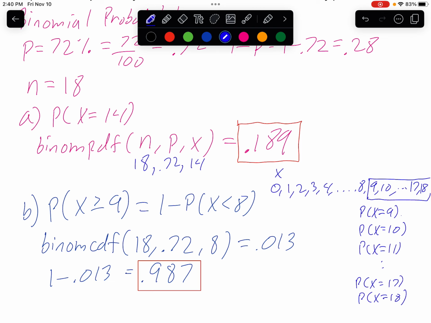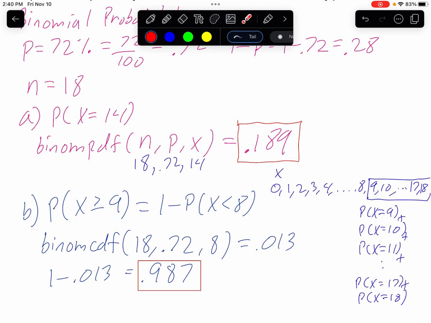And what we have to do with all of these individual probabilities is add them together, which means we will be calculating this binomial probability about 10 times. Not ideal.